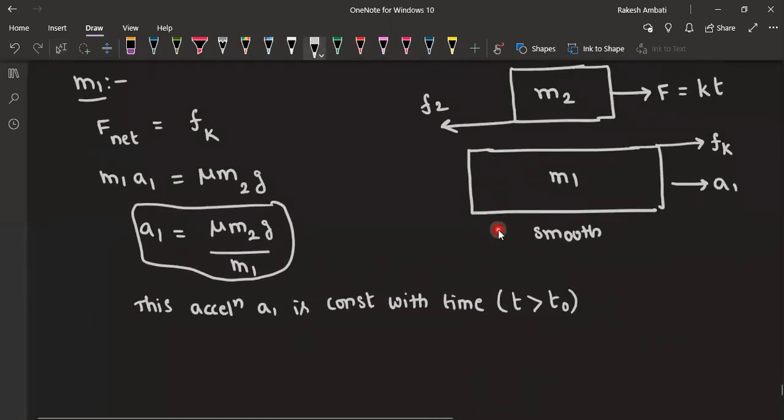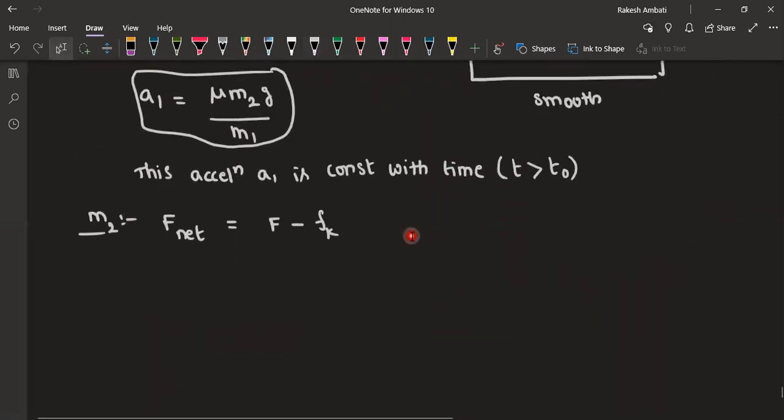Right, now next M2. In the case of the M2 block, you please answer, what is the dynamic equation? F minus Fk. Sorry, it's not F2, it is Fk. So in the case of the M2 block, the dynamic equation is F minus Fk. Resultant force means mass into acceleration. Mass is M2, acceleration A2, and we are finding the A2 value.